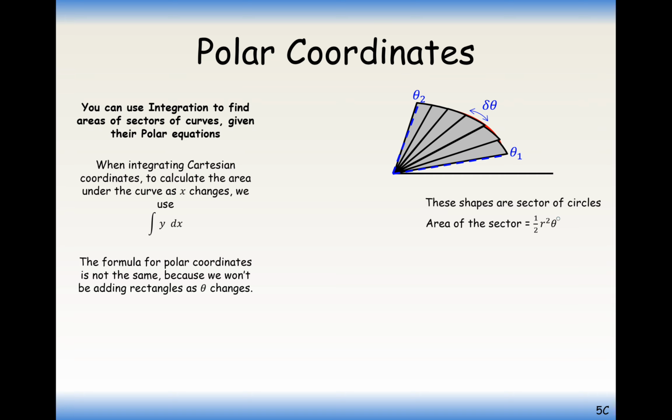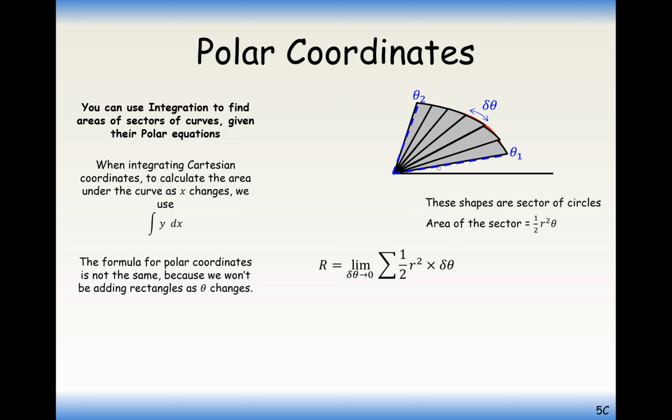And remember from the second year of A-level maths, the area of a sector is equal to a half r squared, that's each of the radiuses each time we go to a new sector, times theta. In this case, it will be delta theta, because it will be a very small change in the theta angle. So this is what it looks like here. It's going to be a limit as delta theta tends towards 0, adding up all of the sector areas where the angle is a very small change in the angle of rotation round from theta 1 to theta 2.